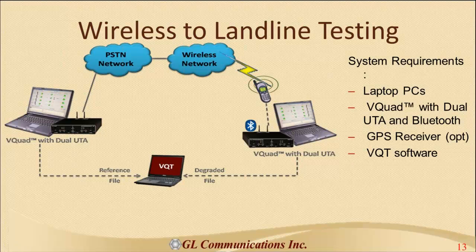Similarly, you can place calls between a PSTN network and a wireless network, and then you can perform different operations like round trip delay and one-way delay. You can once again send and record voice files, and perform VQT analysis, which will give you the voice quality.